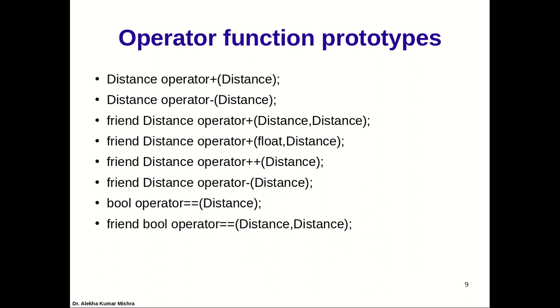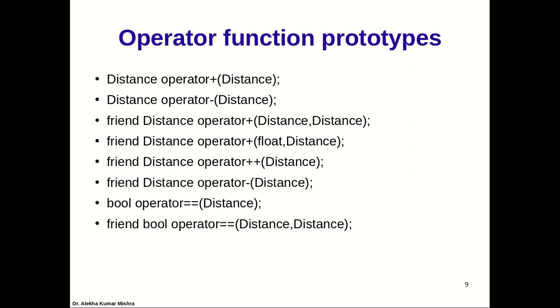So when I write the first line, let us analyze them. We already know what they will do: plus is going to add, plus plus is going to increment, and double equal to is going to check whether both the elements are the same or not. Let's see how from the prototype you can see whether it's a member operator function or a friend function.